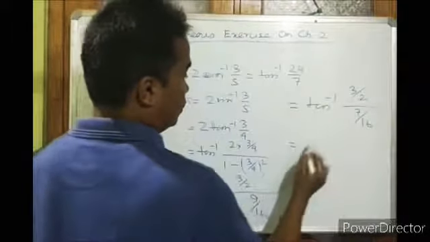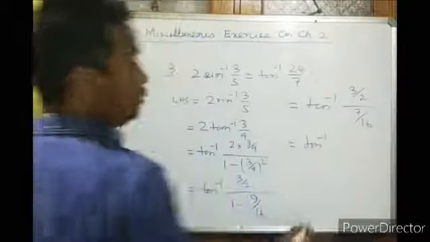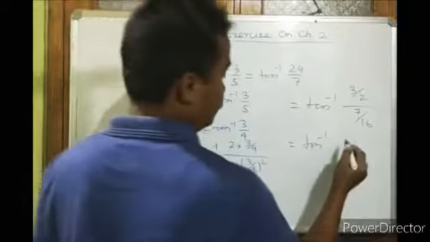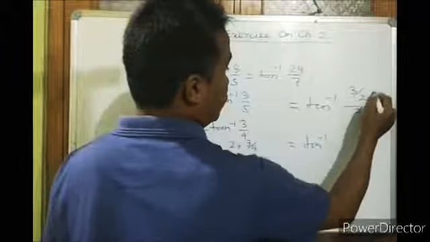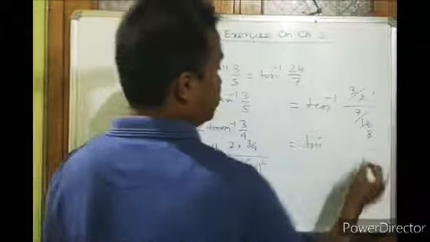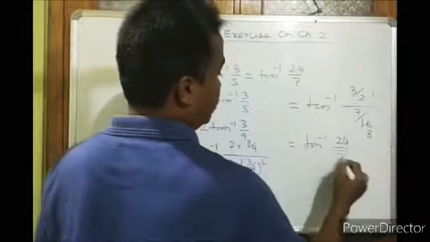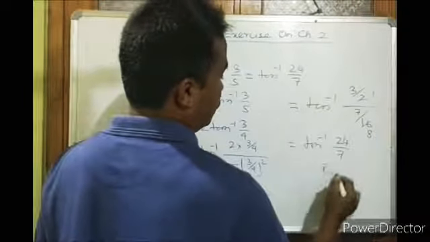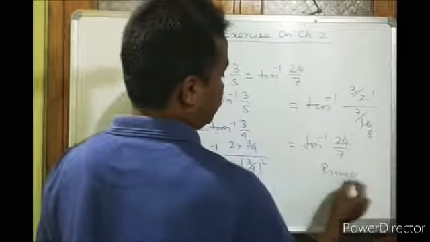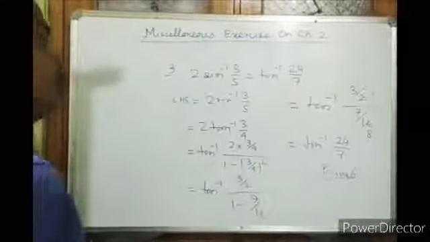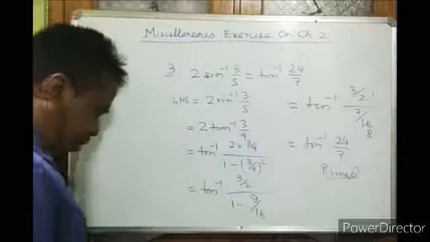So this is equal to tan inverse, 2 8s are 16, so 8 3s are 24 by 7. So it is proved. In this way it is proved. Let's try another one.